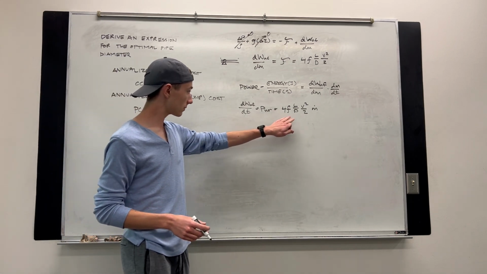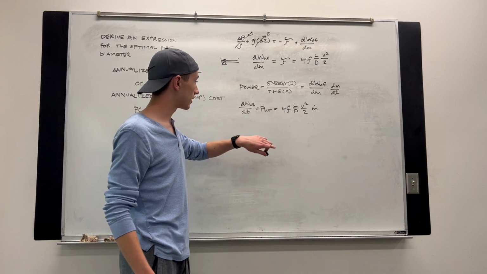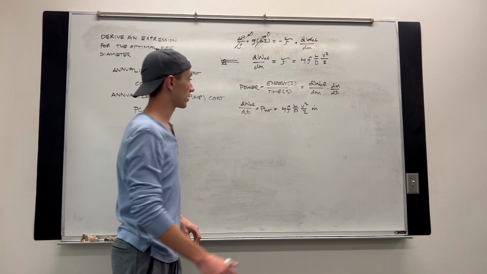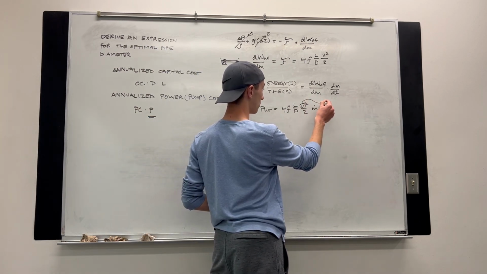You might have seen it expressed that way before. So we have our power here, and we can rewrite some of these variables in terms of things we actually know. First, let's talk about velocity.